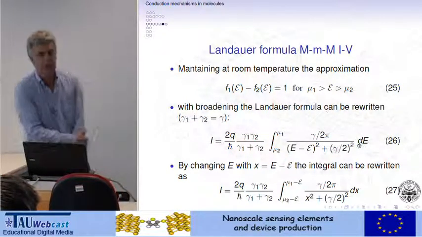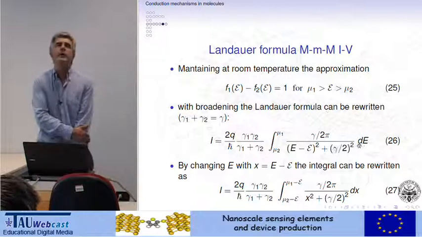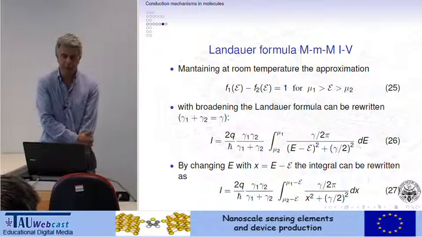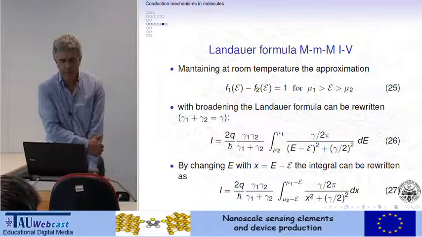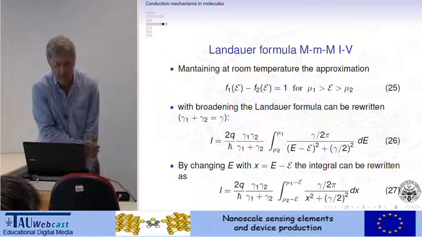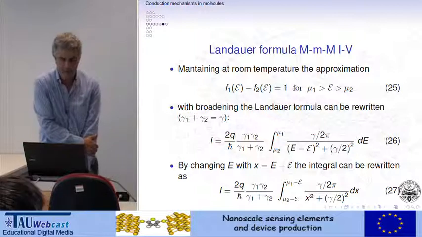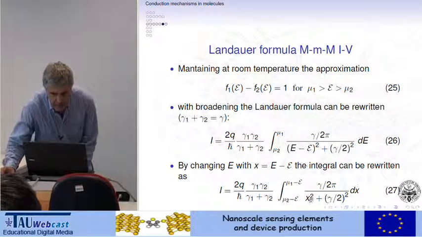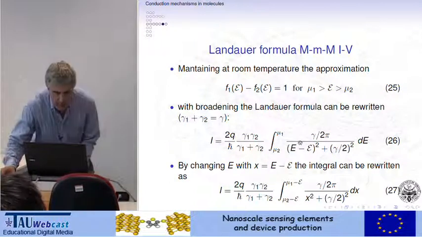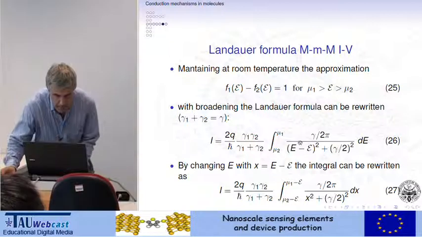So what we can do now is to integrate this expression by changing E with x as E minus the energy level considered for the molecule. This integral can be solved, and we can obtain a closed form like this.